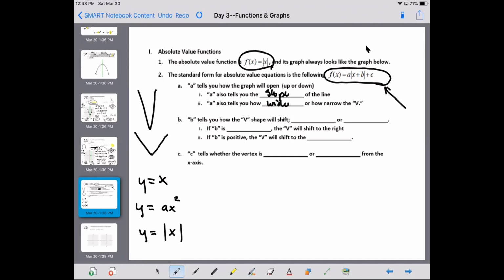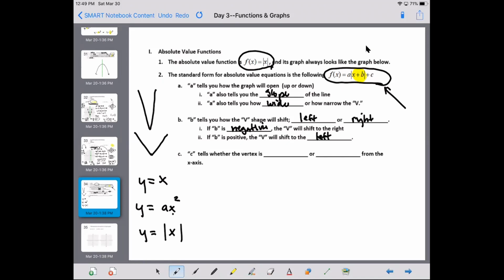And the B part of this, the B value, will tell you where it's going to shift. It's going to shift either left or right. And what we'll notice is if B is negative, the V will shift to the right. And if the B value is positive, the V will shift to the left.